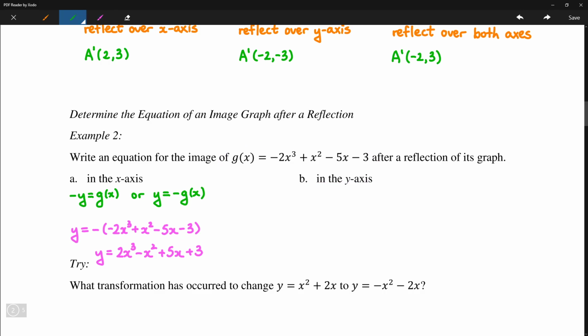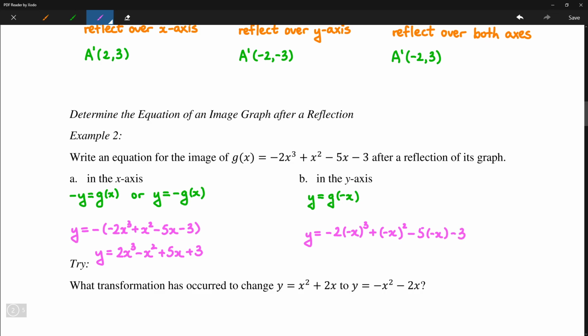So if there's a reflection instead in the y-axis, then of course we will have y equals g of -x. So what that means is every instance of x will be replaced by -x. So we will have -2 and then (-x) cubed plus (-x) squared minus 5 (-x) and then minus 3.